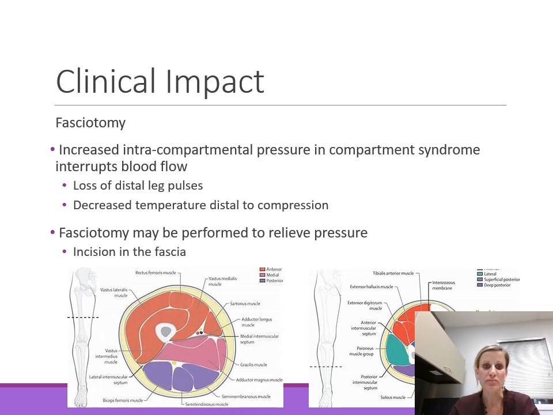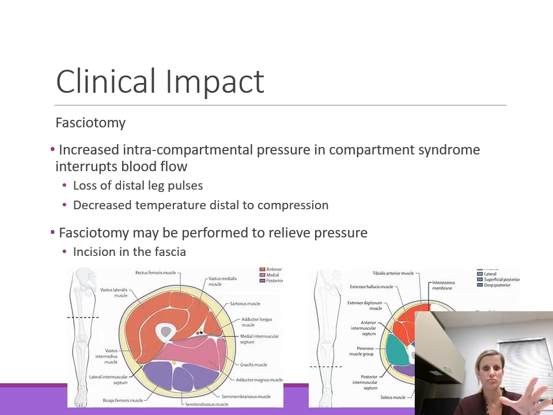A fasciotomy is a procedure that we do when compartment syndrome is present. Increased intracompartmental pressure in compartment syndrome, again, interrupts blood flow. When compartment syndrome has interrupted blood flow, you will notice that there's a loss of distal leg pulses or weakened distal leg pulses.